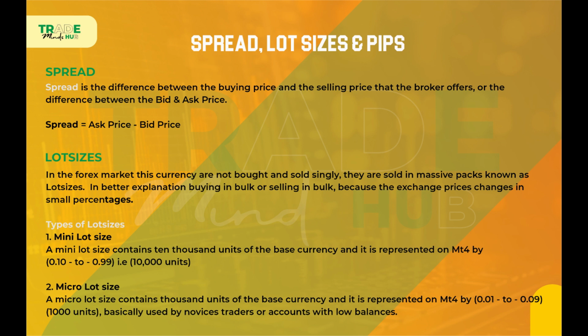It's not like the Nigeria to dollar exchange price that varies in large quantity. So for you to make profit, you need to buy in volume. You don't need to buy one, because if you're trading euro to dollar, the exchange price does not change the way it changes for naira to dollar. The exchange price between euro and dollar changes in a small fraction.